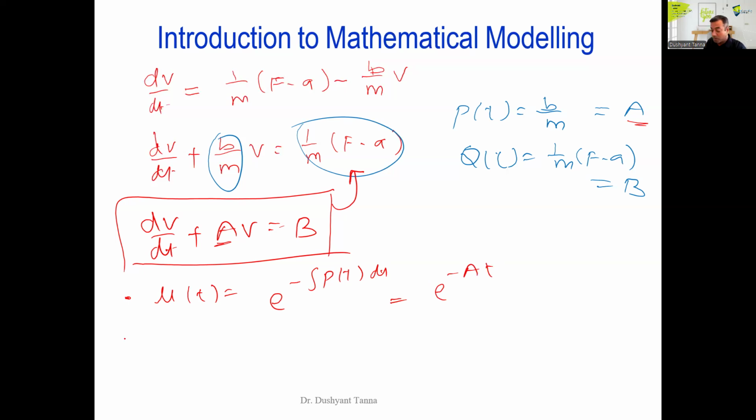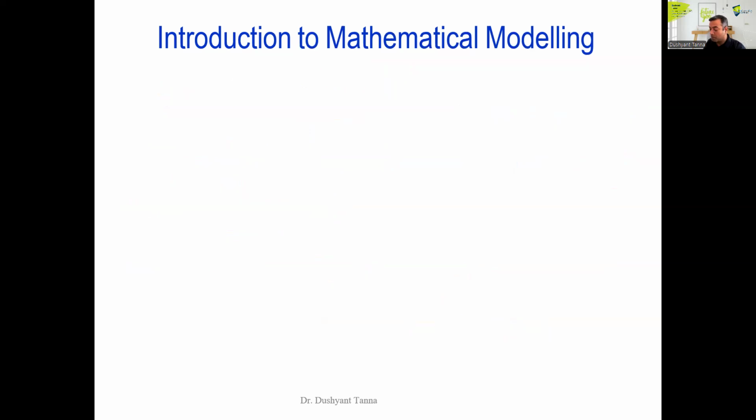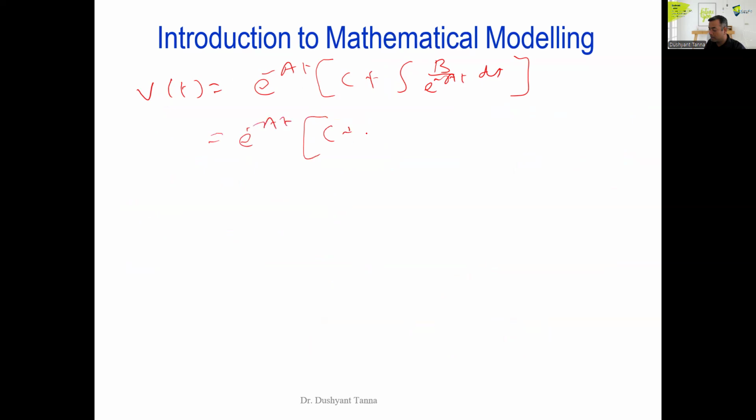Then we go for our v of t. The solution is equal to 1 over mu of t times C plus the integration of mu of t times Q of t dt, right? We replace the value of Q and mu. So our v of t will be e raised to minus A t times C plus integral of B e raised to A t.